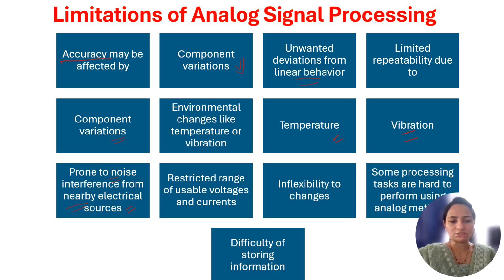It is also restricted in range, that is usable voltages and currents. Then inflexibility: some processing tasks are hard to perform using analog signal processing. Next, it is difficult to store information, and information storage is very important.